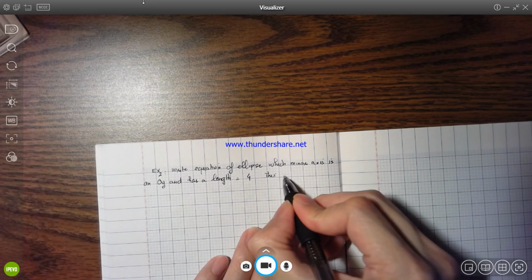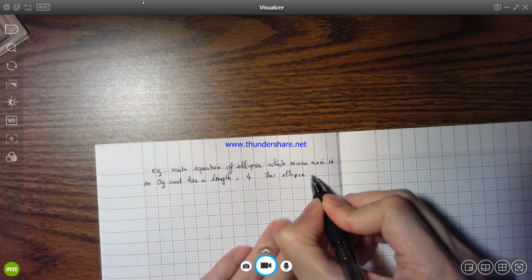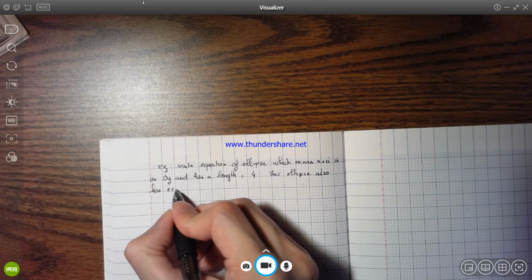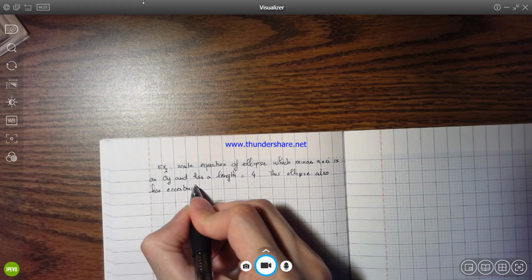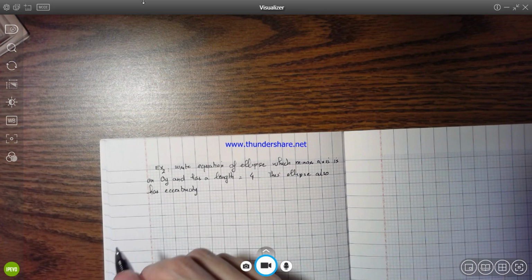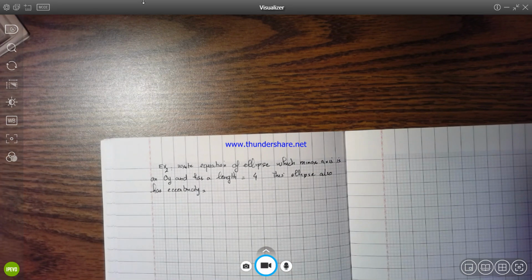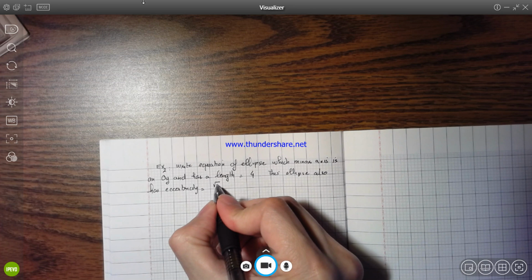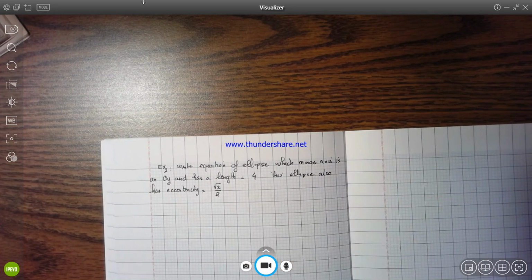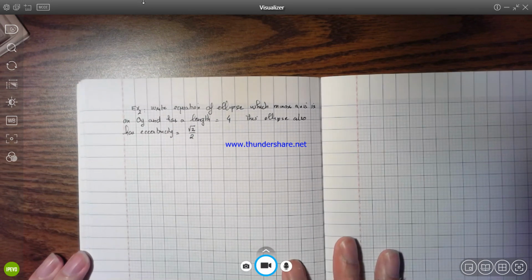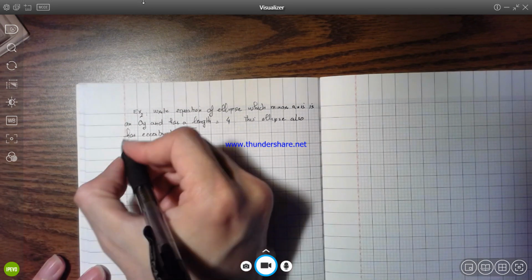This ellipse also has eccentricity equal to square root of 2 over 2. Alright, let's see how we're gonna do this problem.